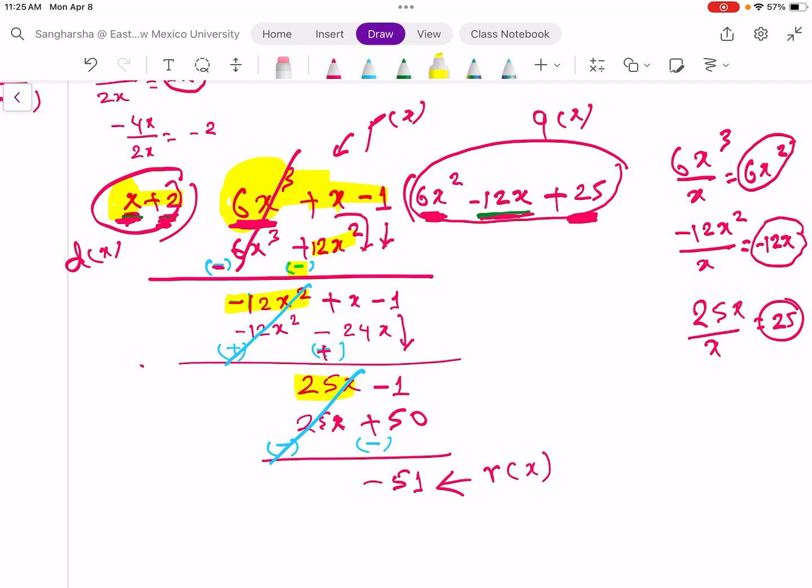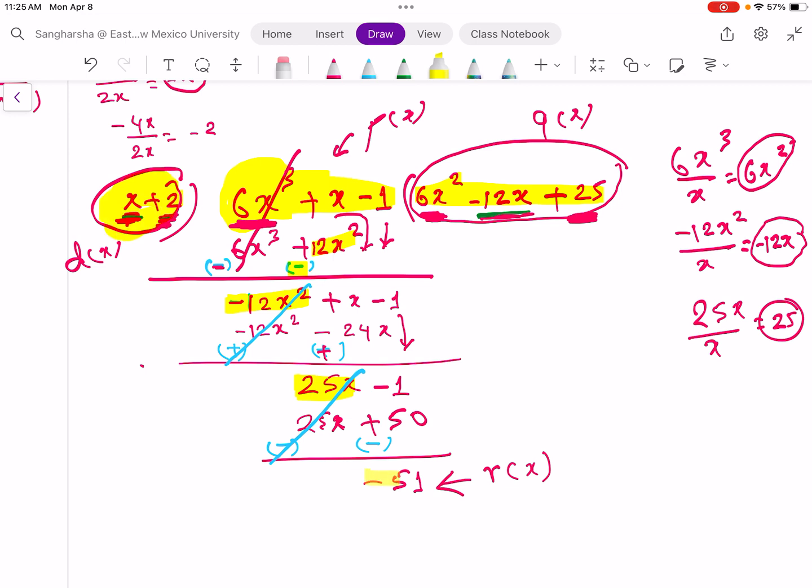Now let's compare the degree of divisor, quotient and the remainder. What is the degree of this dividend? 3. What is the degree of the quotient? 2. The degree of the quotient is always less by 1 than the degree of the dividend. So if the degree of the dividend is 3, the quotient must have a degree 2. What is the degree of the divisor here? 1.